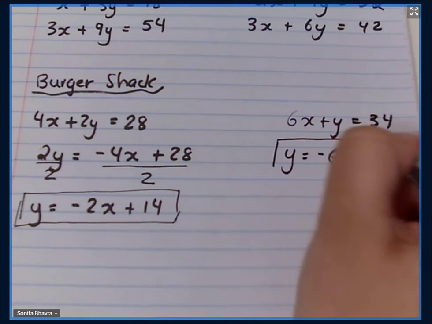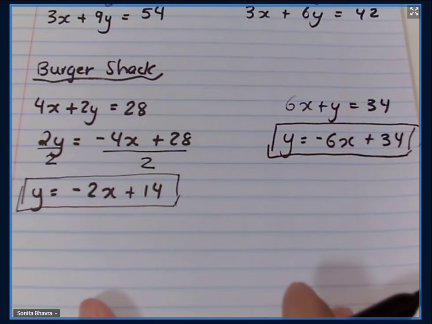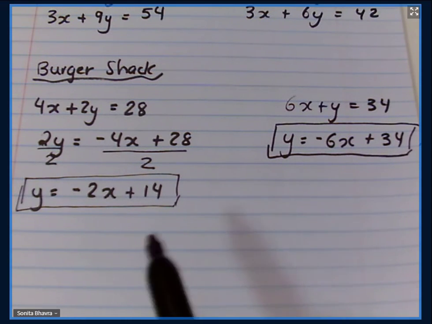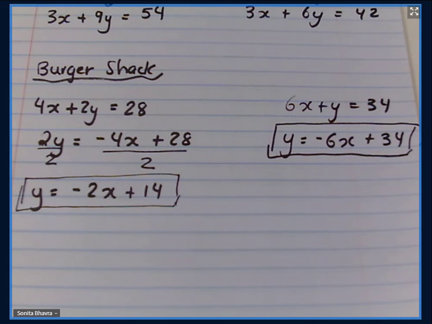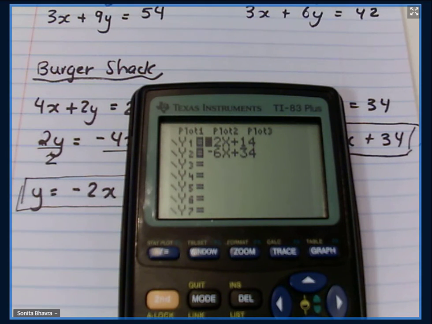And those are our 2 equations. To figure out, in this example, the cost of a burger and the cost of a salad, we can just graph this in our graphing calculator.